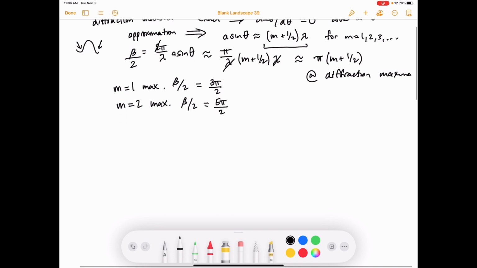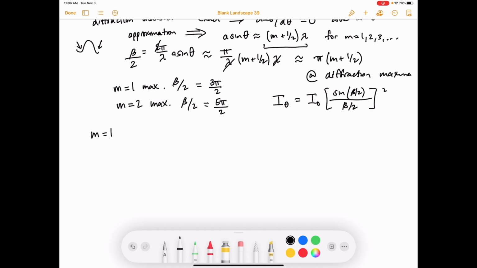Okay, so we can actually just plug those into our formula for intensity, which is I theta equals I0 times sine beta over 2 divided by beta over 2, squared.